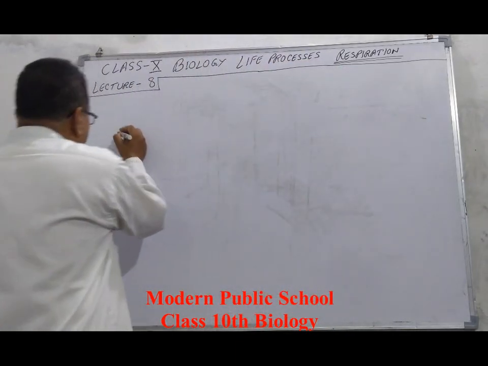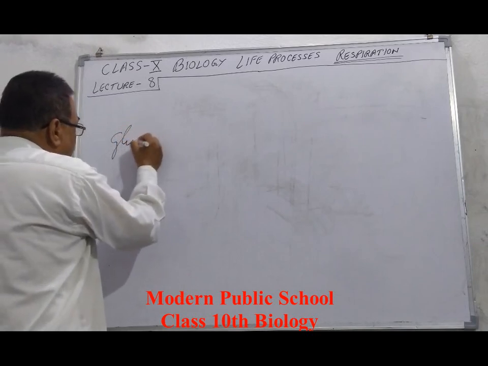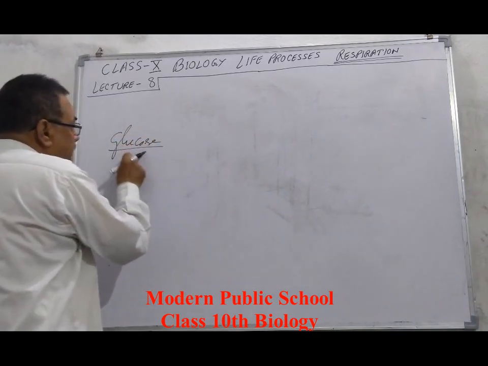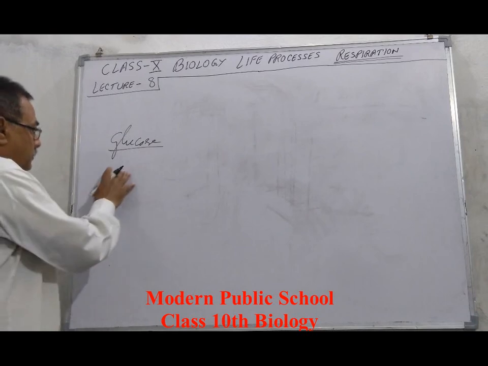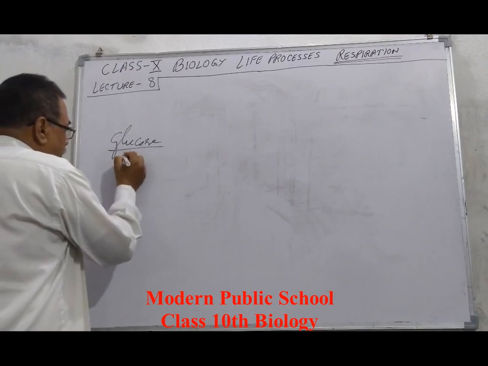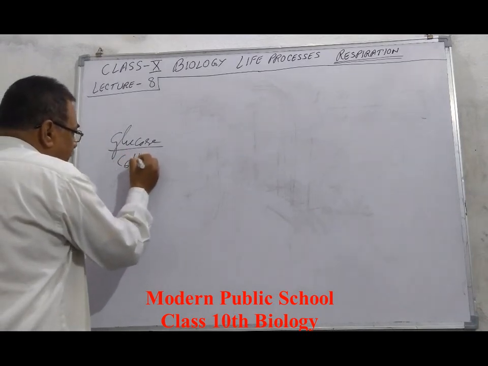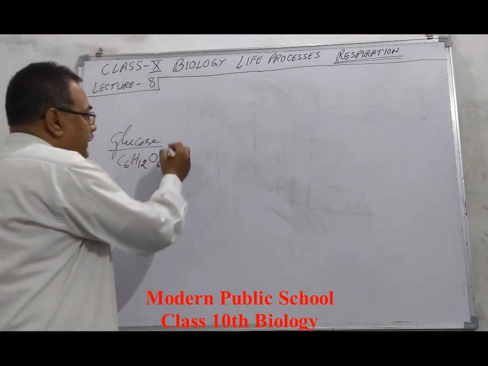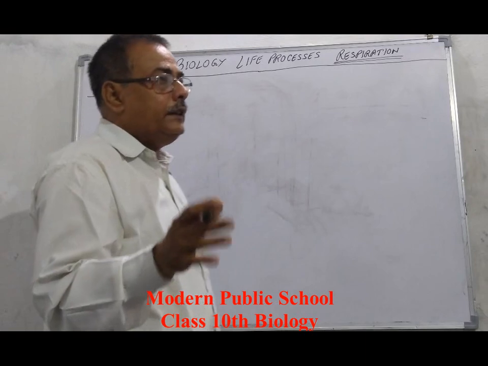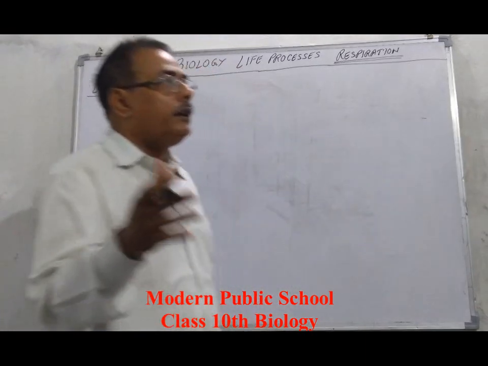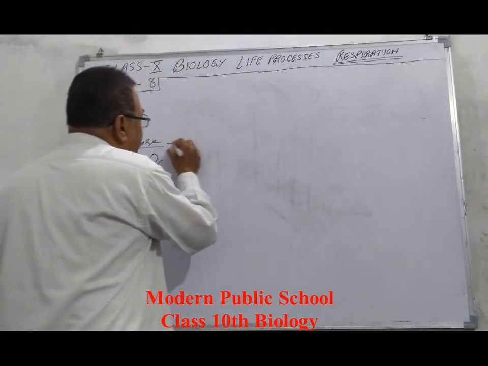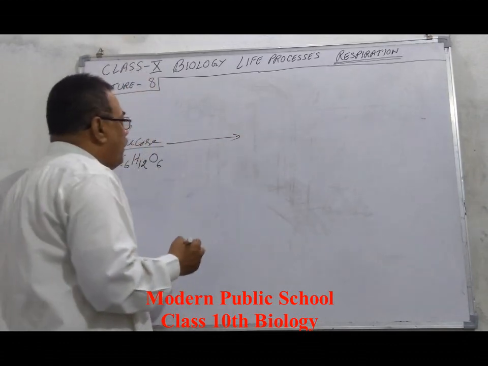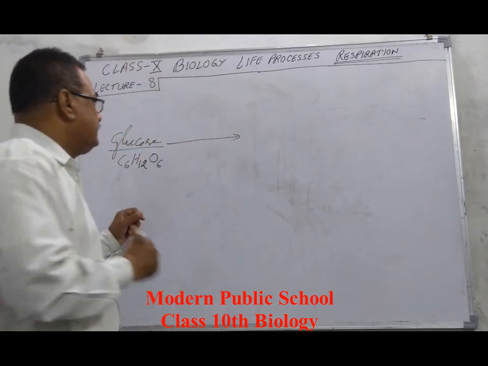Firstly, we will see glucose, which is a 6 carbon molecule. Its formula is C6H12O6. In either case, aerobic or anaerobic respiration, the first step is the same for all respiratory pathways.